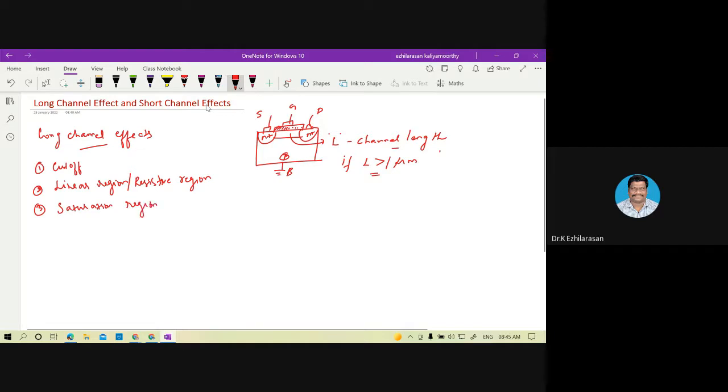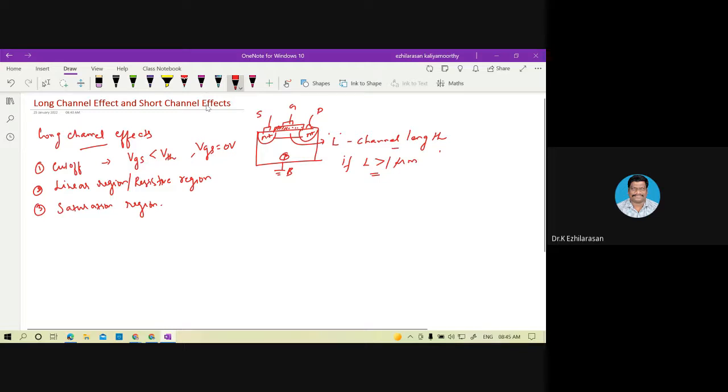As you know, the condition for cutoff is on VGS. The VGS is nothing but the bias voltage, the voltage applied between the gate and the source. So VGS is less than VT, or I can say VGS is equal to 0 volt. If I'm not applying any voltage, or less than the threshold voltage, then the transistor will be in off condition.